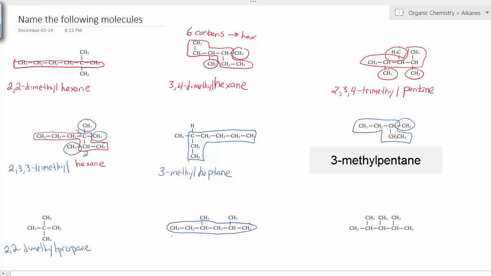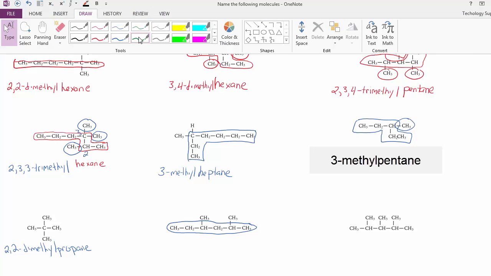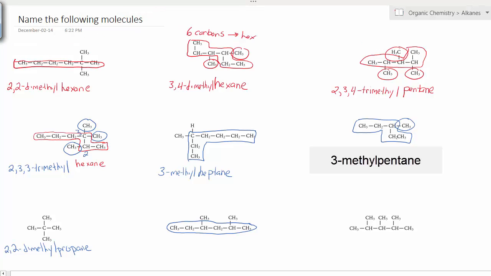Alright, this one. Let's look at 2 ways of naming this. It's a hexane. I could number from left to right, 1, 2, 3, 4, 5, 6, which would yield 3, 5. So the methyl groups are at 3 and 5, so 3,5-dimethylhexane.